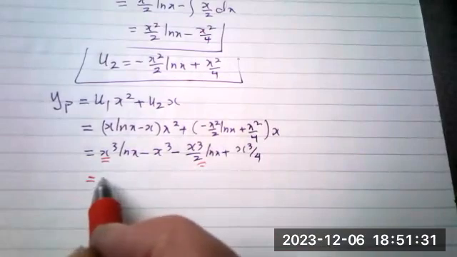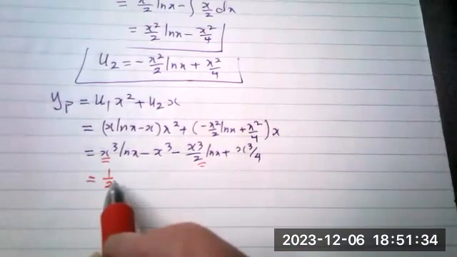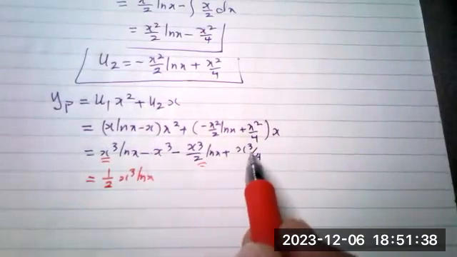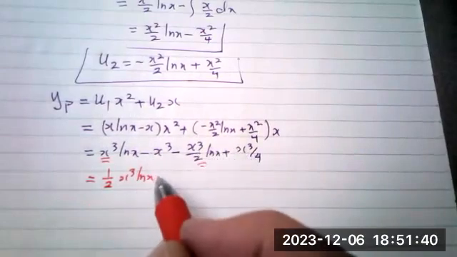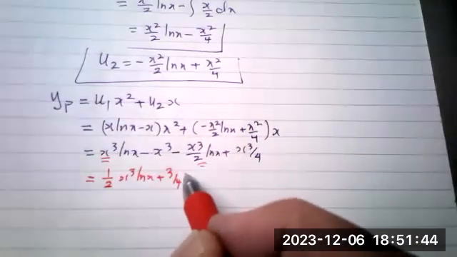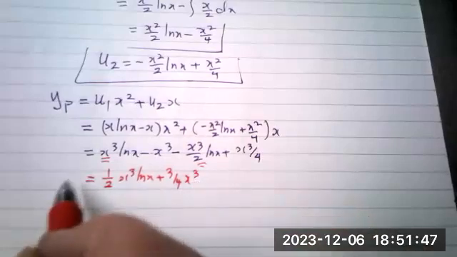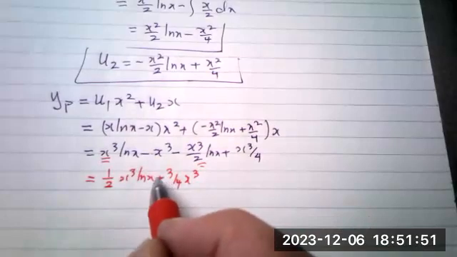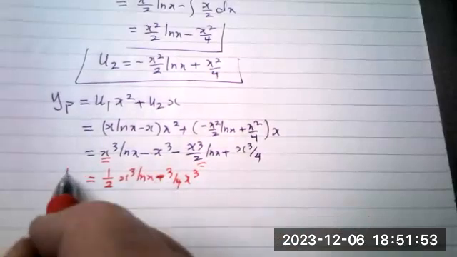So the result is going to be 1/2 x cubed ln x. And this is the -1 and a positive quarter. So the result would be 3/4 of x cubed. Negative 3/4, yeah, negative because of the -1. Thank you. So that gives you the yp.